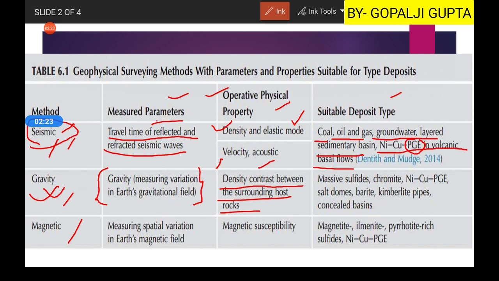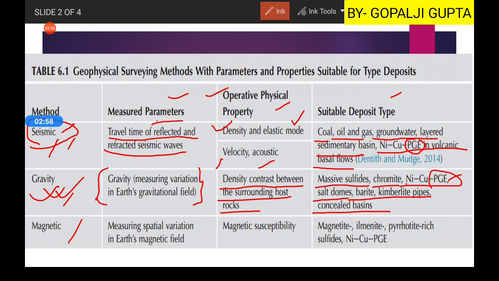If there is any deposit that is higher in density, it will show more gravity, it will attract more, but if it is less dense then the gravity anomaly will decrease. By using this gravity survey we can identify massive sulfide deposits, chromite deposits, nickel, copper, PGE, platinum group of element deposits. We can identify salt domes, barytes, kimberlites, and concealed basins as well.